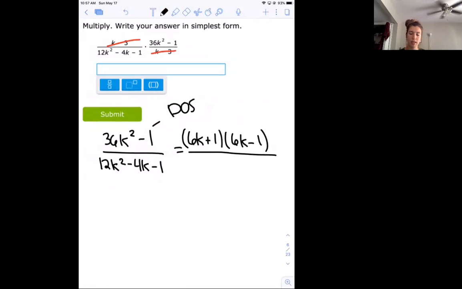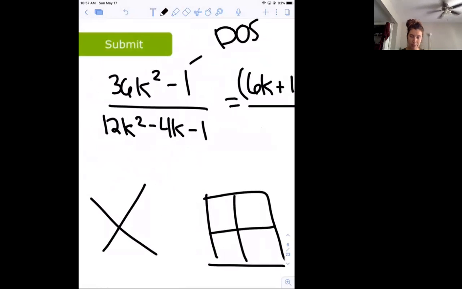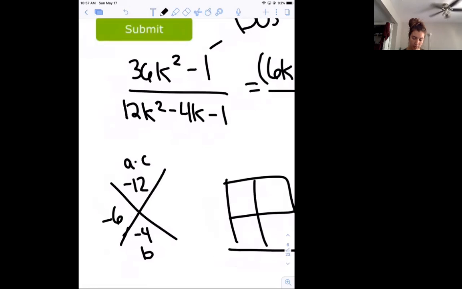And then for the bottom, I'm going to need to do my little diamond and then box method again, because it's a trinomial, so there are 3 terms in it. So the top, remember, is going to be your a times your c, so that's going to be -12, and the bottom one's going to be your b, which is -4. So what are 2 numbers that multiply to -12 but add to -4? It's going to be -6 and 2.